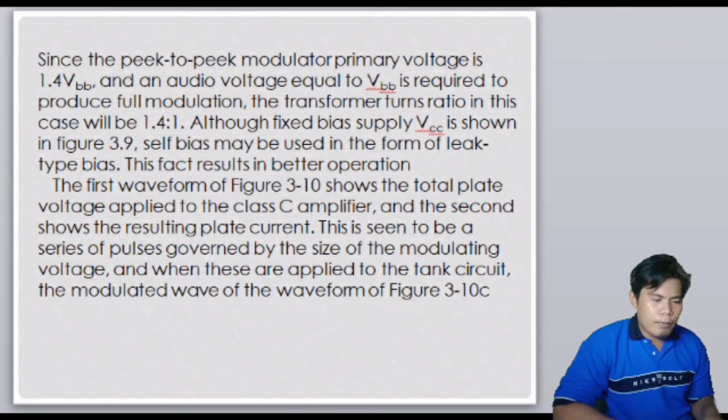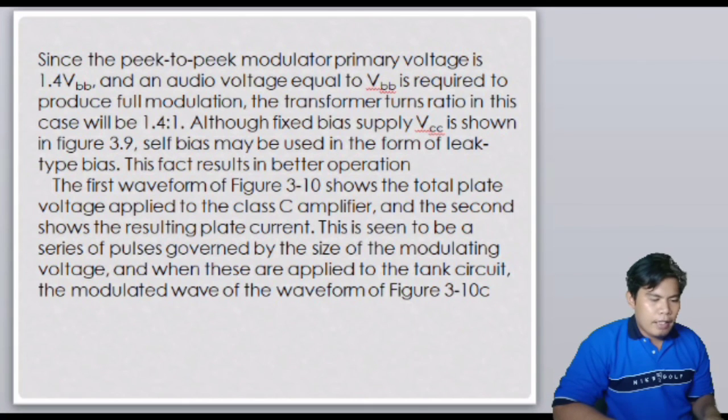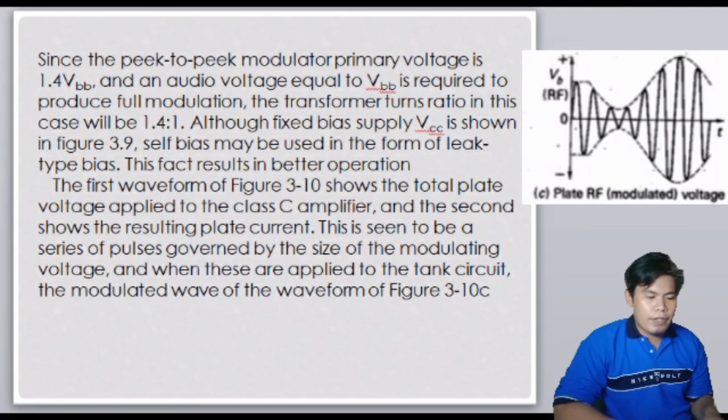The first waveform of 3-10 shows the total plate voltage applied to the class C amplifier, and the second shows the resulting plate current. This is seen to be a series of pulses governed by the size of the modulating voltage, and when these are applied to the tank circuit, the modulated wave of waveform 3-10 results.